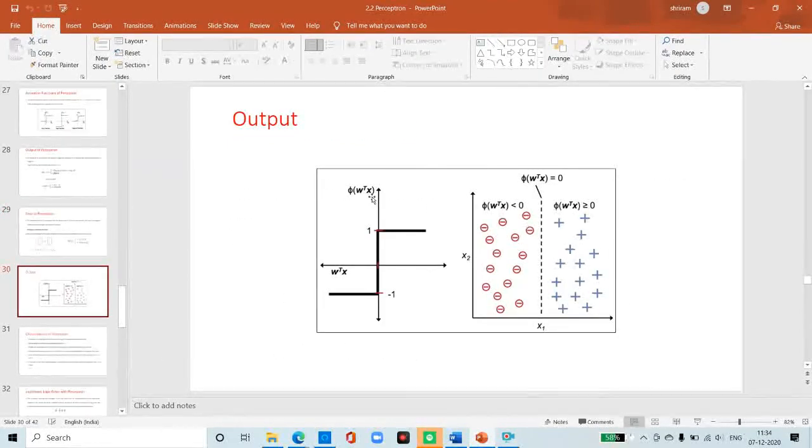So here, W raised to t and x. The final decision function is phi of z equal to phi of W raised to t x, in the form of 1 or minus 1. So if phi of W raised to t x is greater than or equal to 0, then the answer is 1. If less than 0, then the answer is minus 1.